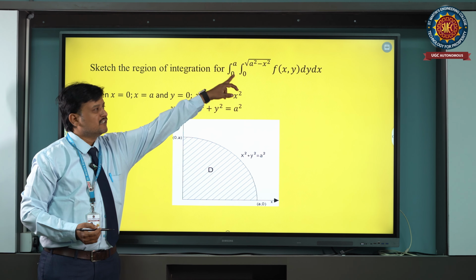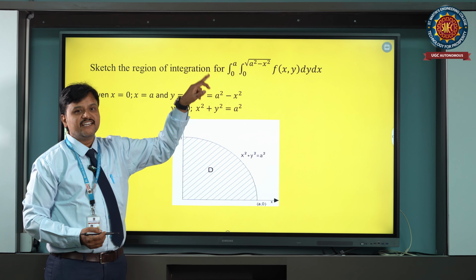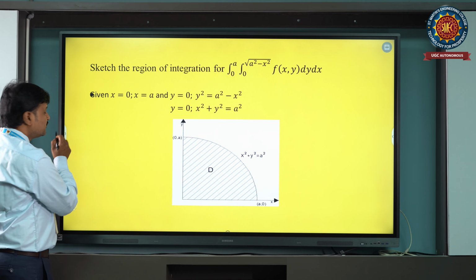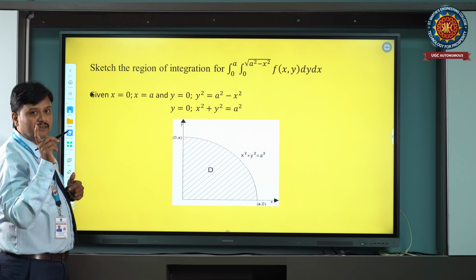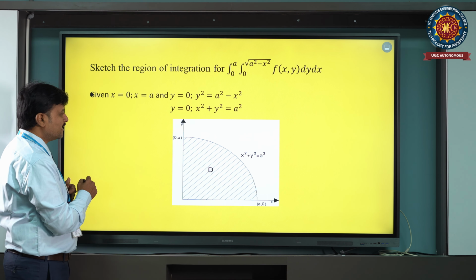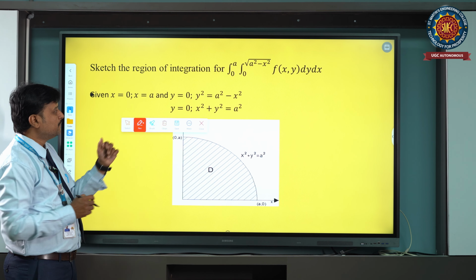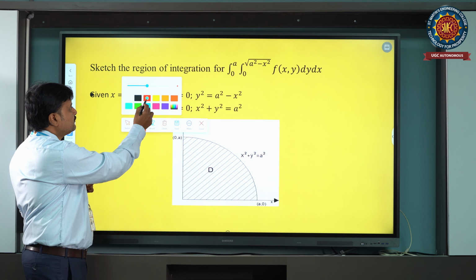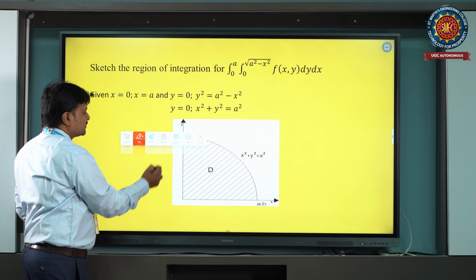See, the interior limits are 0 to square root of a square minus x square. It is a function of x, so we have to take them as y limits. So the y limits become y is equal to 0 to y is equal to square root of a square minus x square.